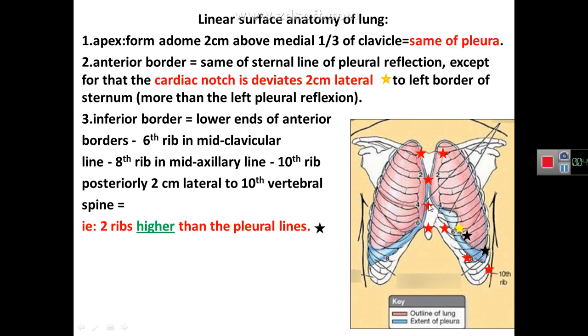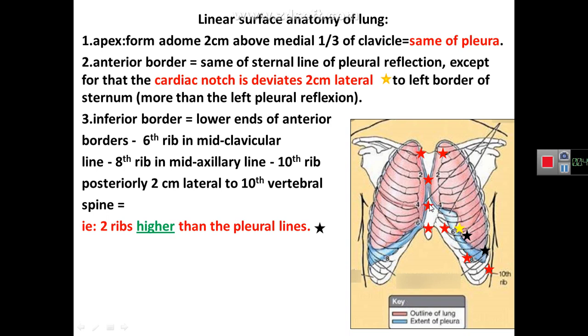sternal reflections of the pleura, but here there will be a slight difference from the line of sternal reflection of the pleura. The line of sternal reflection on the right side of the pleura will extend from this midpoint at the fourth costal cartilage to the midpoint of the xiphisternal joint, and on the left side it will extend from the mid of the fourth costal cartilage to the sixth costal cartilage on the left of the midline.